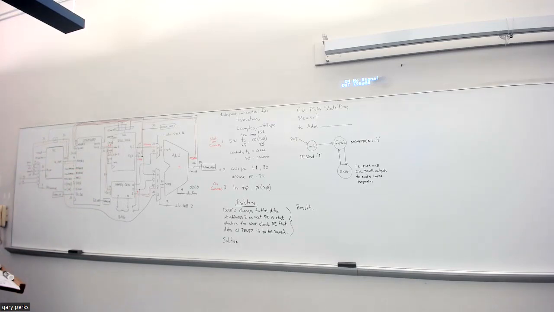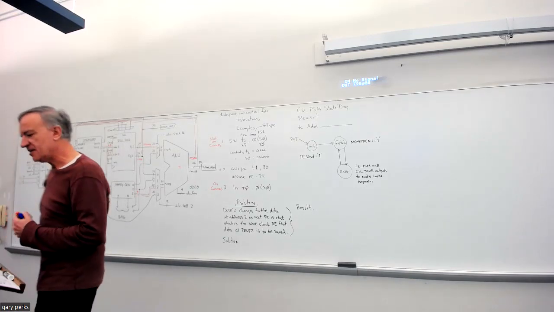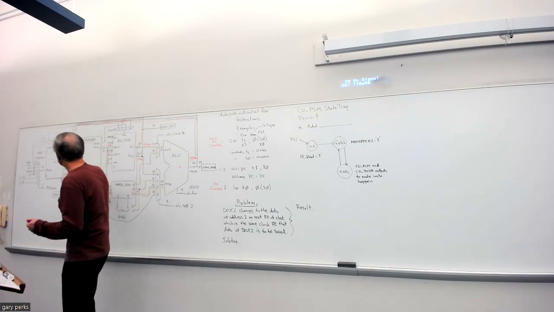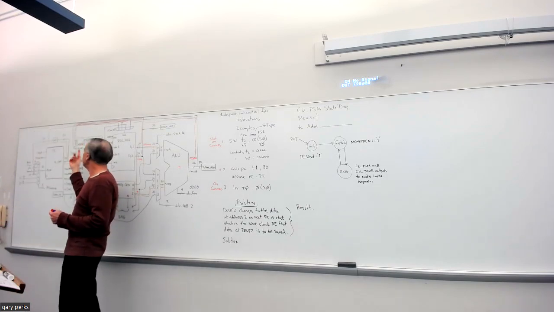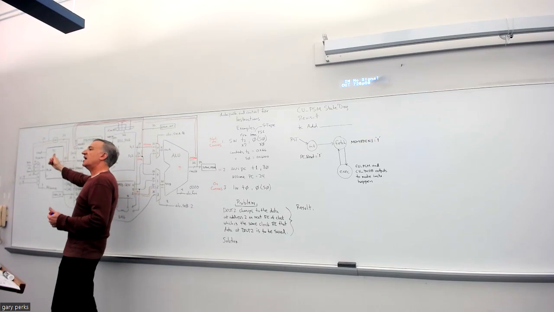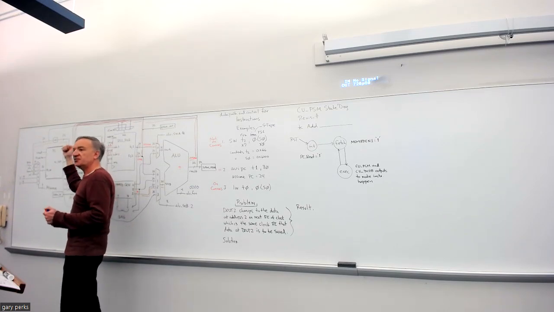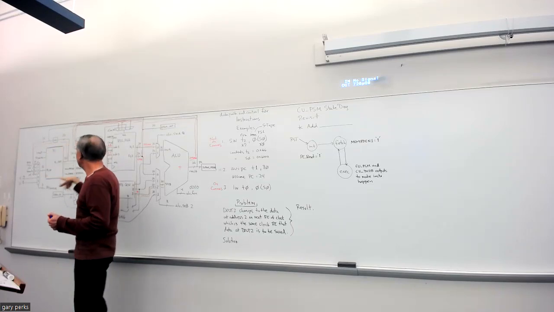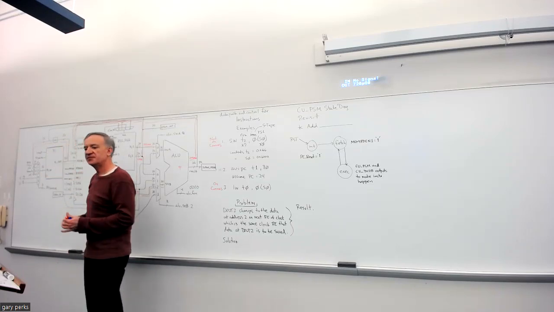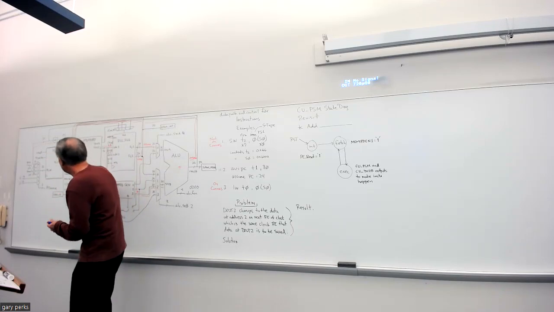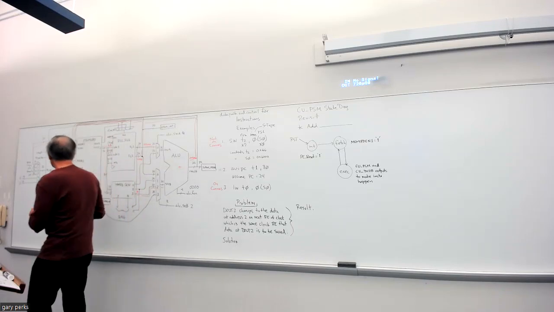Oh, we forgot one thing here. What did we forget? What do I need in order for this data to actually get written to the address that we have, the 6000 address? What do we have to enable here? Yeah, just write enable. Write enable 2. That would have to be a 1.